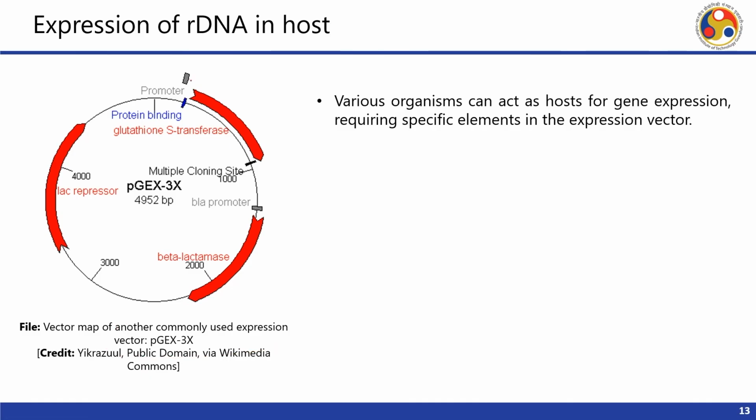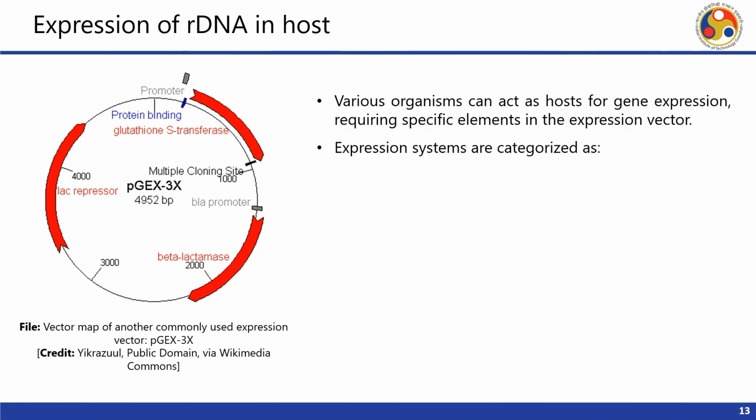Here we have a promoter, which is very essential for an expression vector. Then we have the multiple cloning site over here, and then this is a marker gene for beta lactamase, and this is a Lac repressor. These are some of the basic features of an expression vector as shown here.